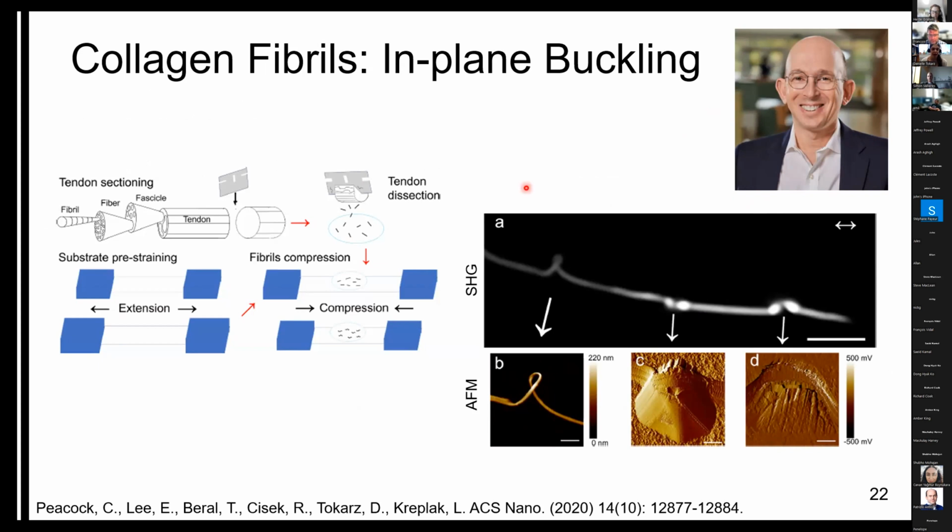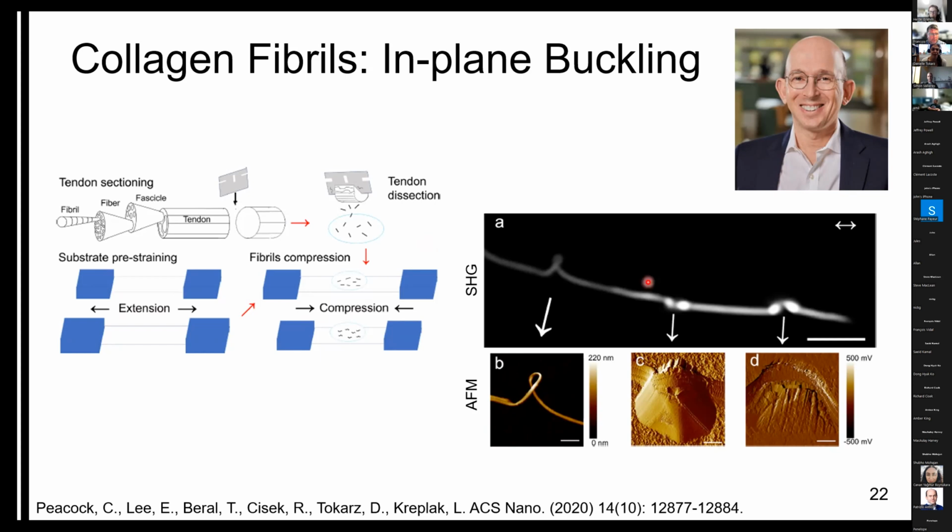So Dr. Kreplak dissected collagen fibrils from the forelimb of a steer collected at a local slaughterhouse. And then he placed these collagen fibrils on a pre-stretched elastic substrate of polydimethylsiloxane or PDMS. And when he released the PDMS, this caused the collagen fibrils to buckle, forming really many interesting shapes that he could identify with AFM and that we could also observe with SHG.